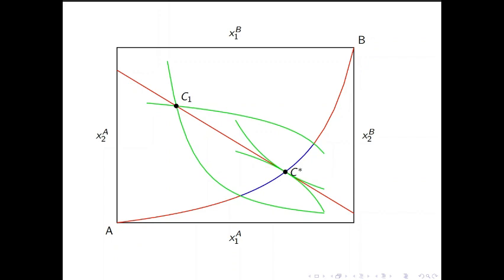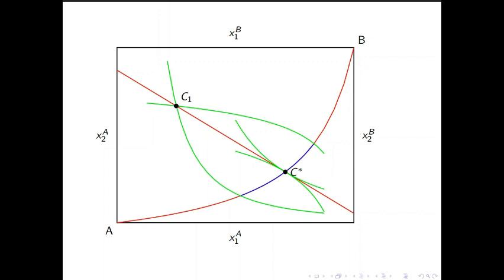So they start at the point C1, they then trade along the budget line, down and to the right. Player A is buying good 1 and selling good 2, and player B is doing the opposite.